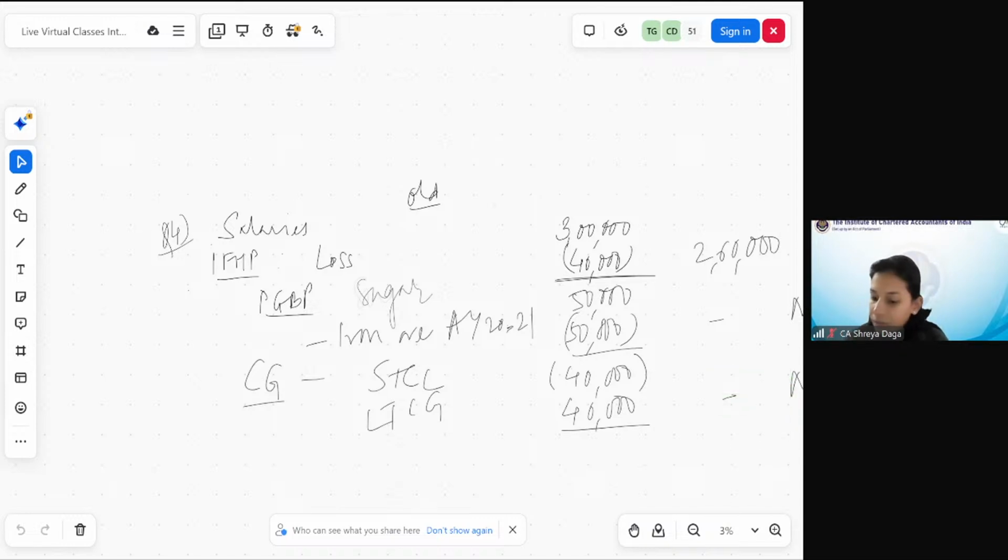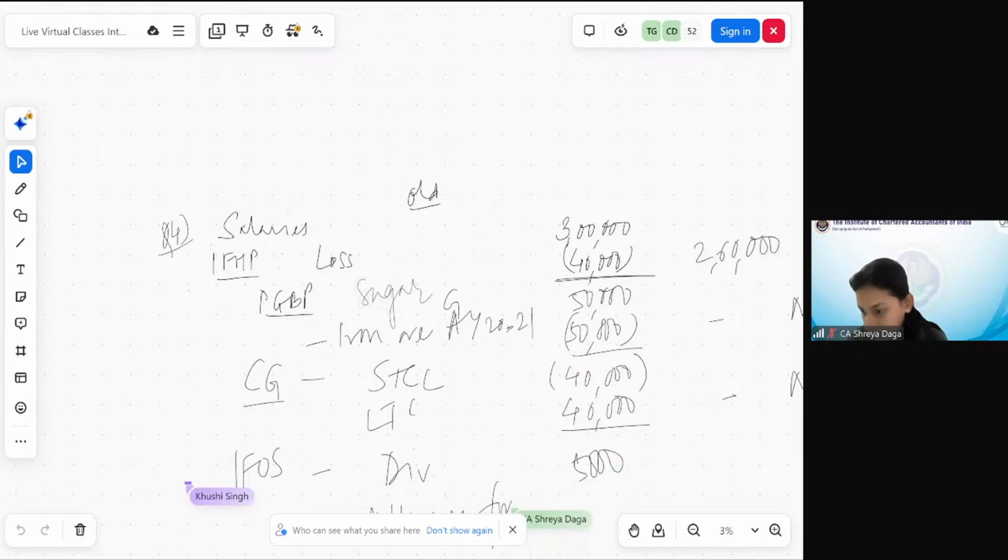Then we come to income from other sources. Here you have dividend income. It is fully taxable. How much is it? 5,000. Then you have winning from lottery, taxable. How much? 50,000.